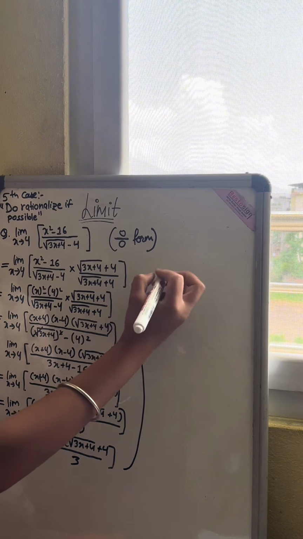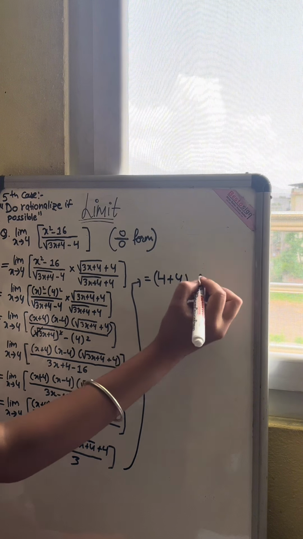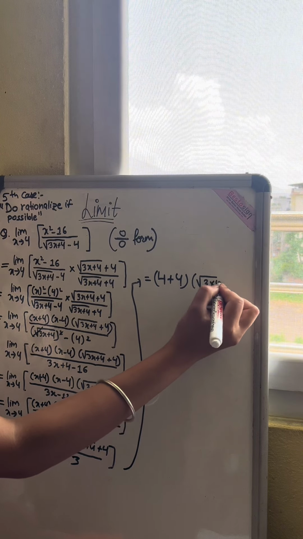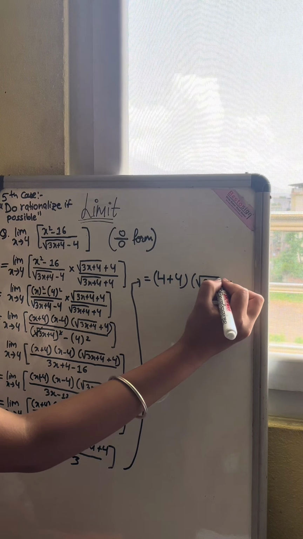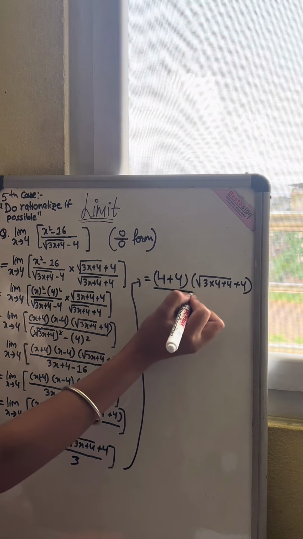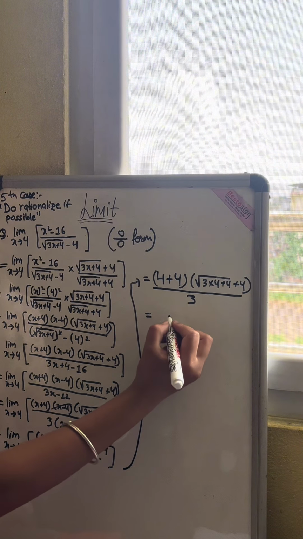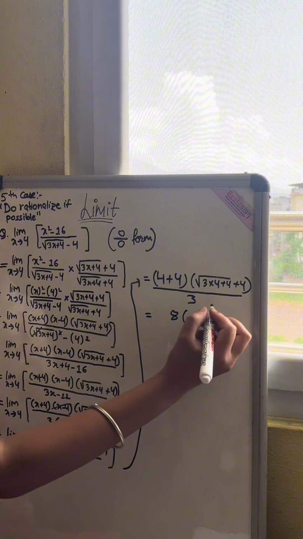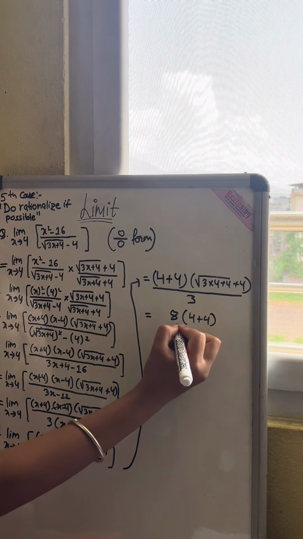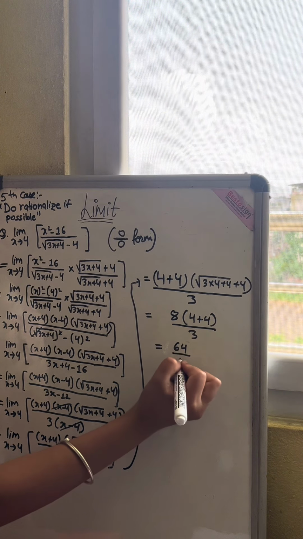After bringing it in the simplest form, we have to put the value of x, which is 4, and our final answer is 64 upon 3.